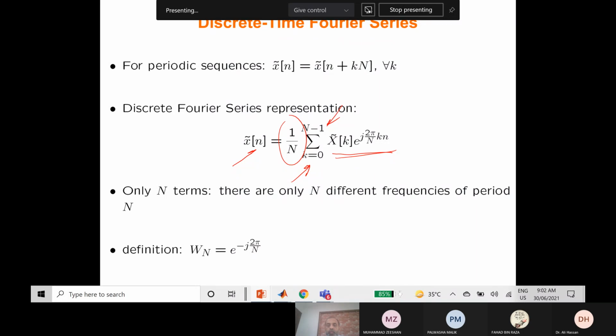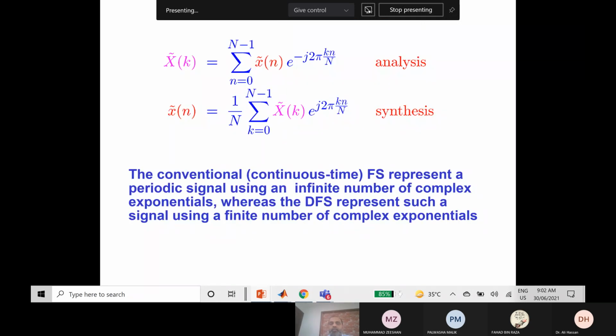So these X of k's, which tell you about the contribution of each exponential, are called discrete Fourier series coefficients, and mostly we call them the discrete Fourier series. Finding the DFS is important.